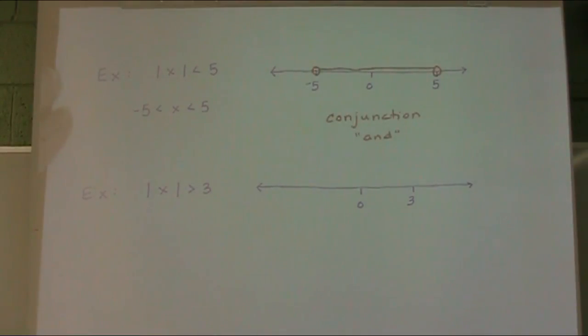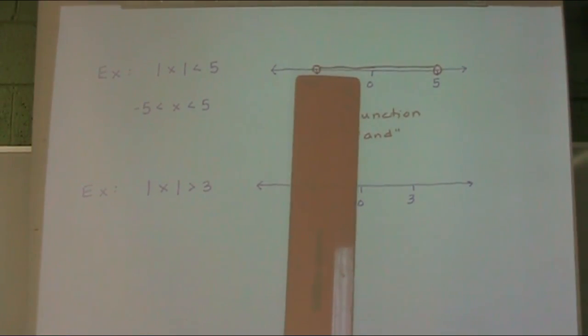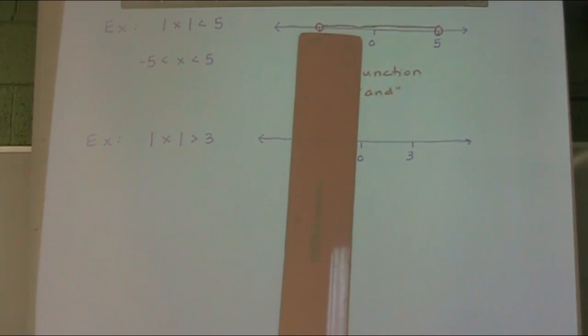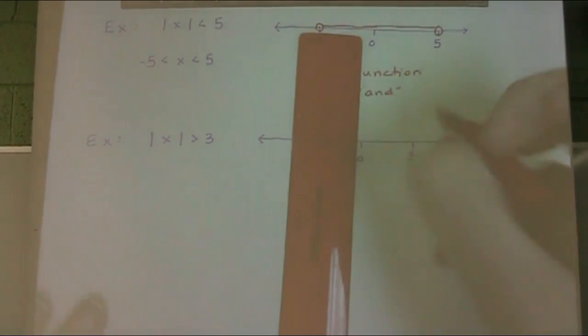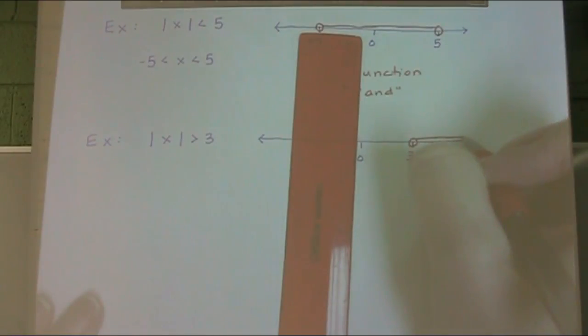Again, I'm going to first just consider the positive numbers that will work. The positive numbers that will work in here are any positive number that is greater than 3. Does that make sense? So out of the positive numbers, these are the numbers that are going to work.